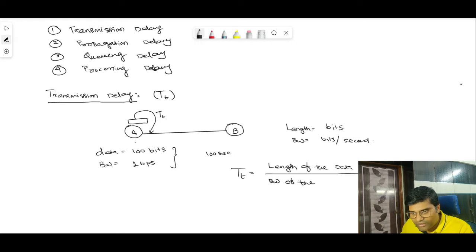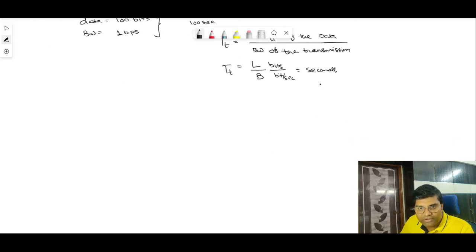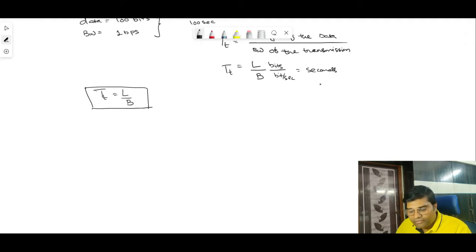If I consider the length as L and the bandwidth as B, then this is bits and this is bits per second, so the result will come in seconds. So TT is equal to L by B. This is the formula to find the transmission delay for a packet.